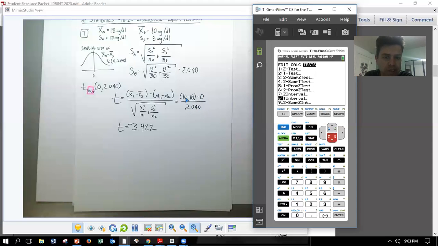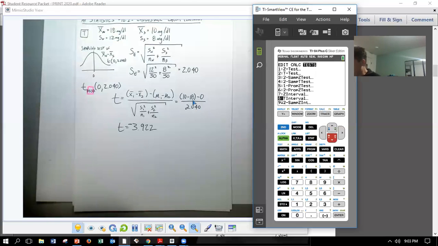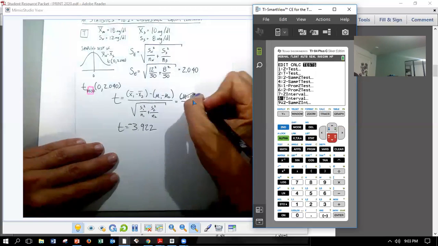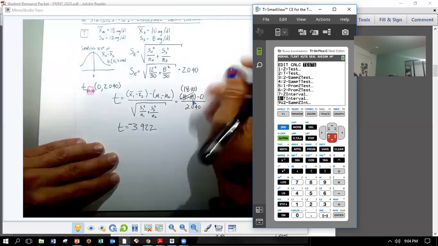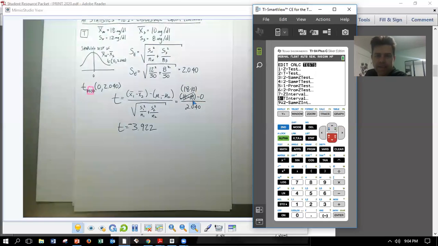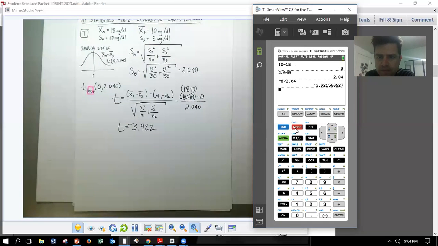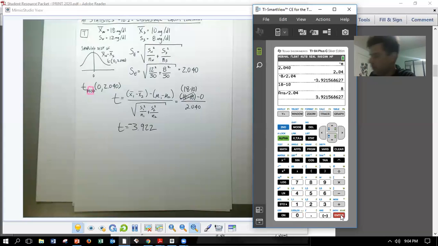If I'm going to do my new first, then what I need to do is say, okay, this is really the 18 minus 10. So if I do the 18 minus 10 and then divide that by 2.04, what are we going to get? Positive 3.90.